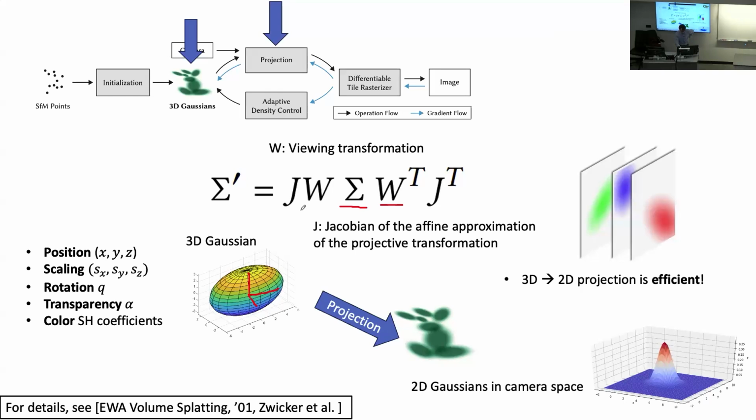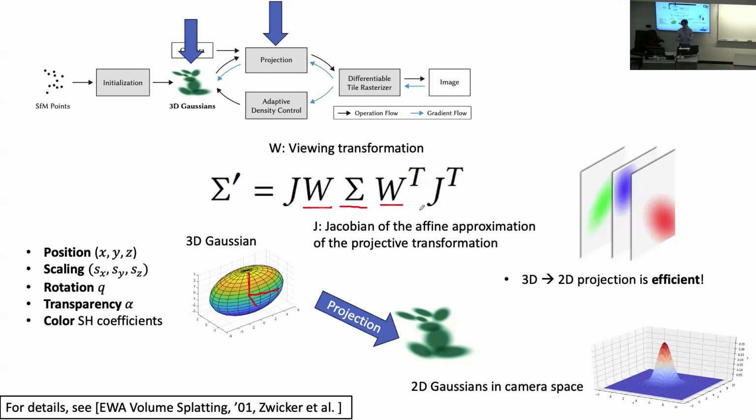That's the V transpose and V transforms, and then we have a projection transformation, but we actually have to approximate this because it's a nonlinear operation to apply a 3D projective transform. So this is the Jacobian of the affine approximation of the projective transformation, which essentially warps the 3D space into 2D space.